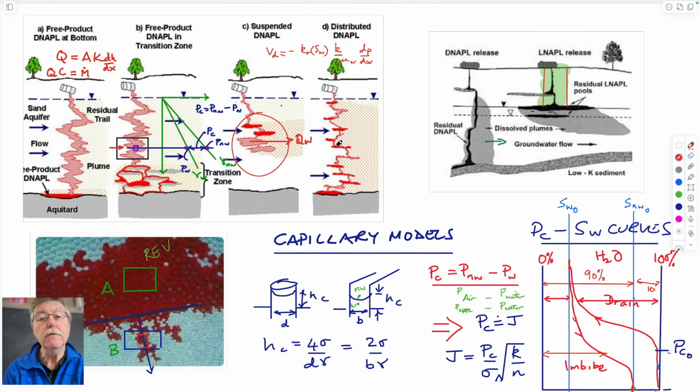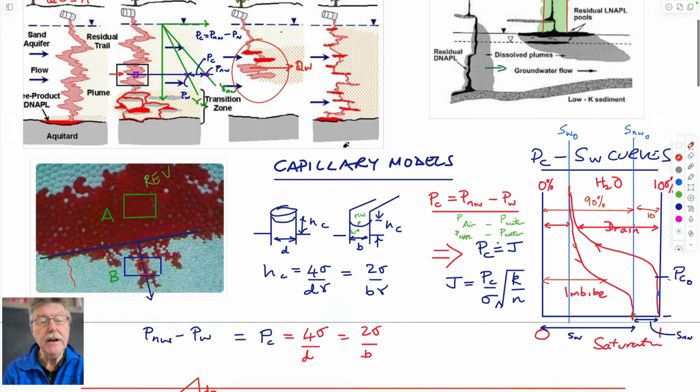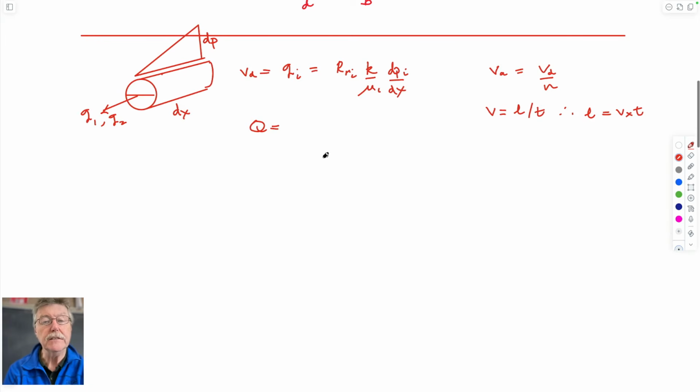The water is a solvent for it, and it's carried downstream as a plume. And so now we're perhaps interested in water transiting. The volumetric flow rate would be equal to area times Qi, which would be water, which is the same as area times the Darcy velocity.